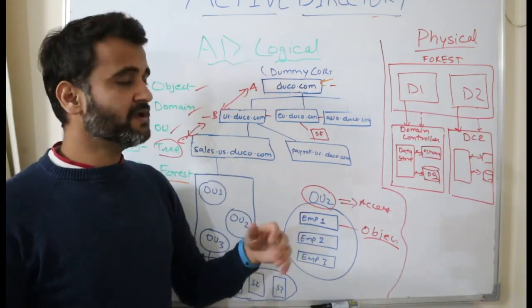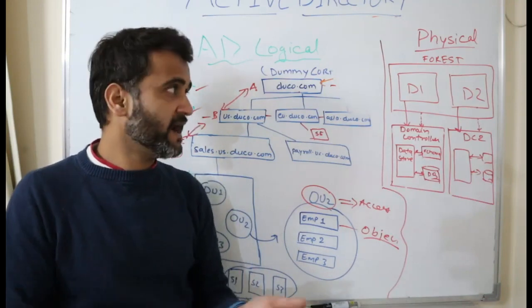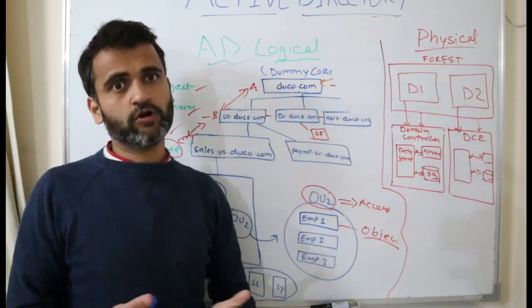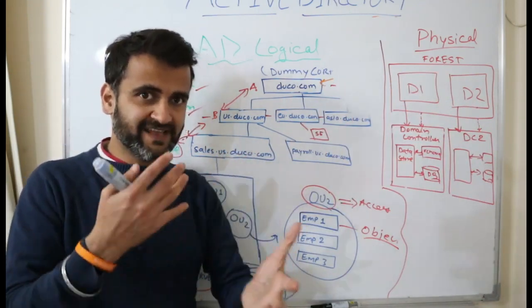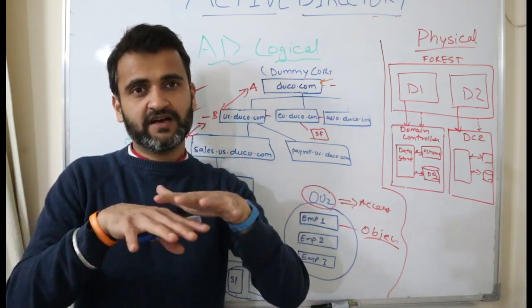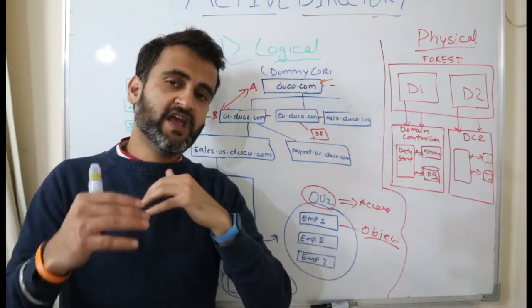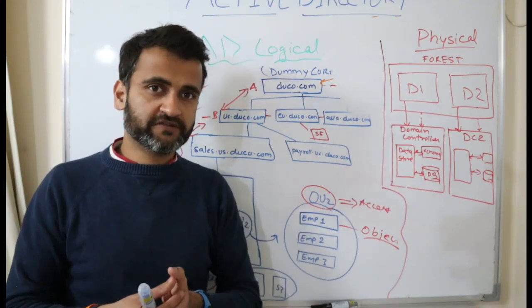It should not happen that I am in one particular domain and there is no entity of mine in domain 2, because ultimately I am a part of this overall forest. So all the domain controllers need to be in sync and replicating the data frequently, so that synergy and unanimity are maintained in terms of what data is stored under specific domain controllers.